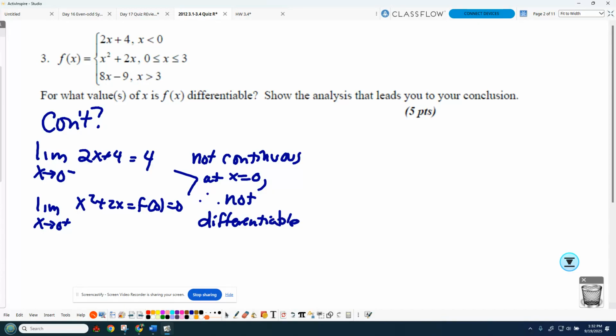The limit from one side went to 4, the limit from the other side went to 0, so it's a jump discontinuity, not continuous, so I can't do the derivative there.